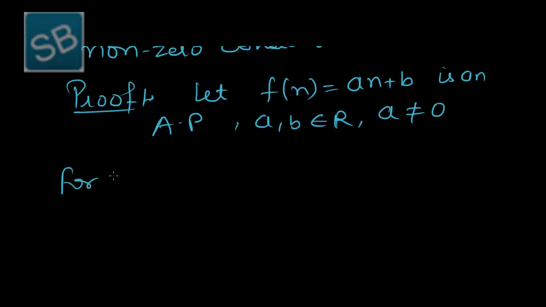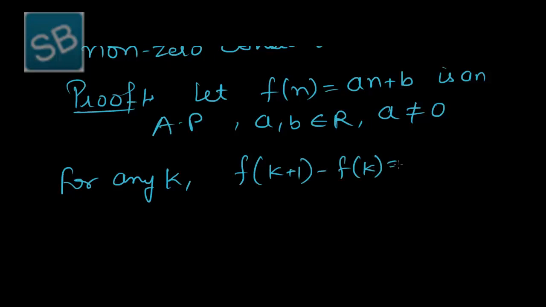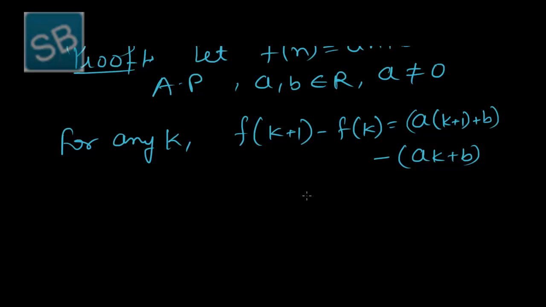Now for any k, we take the difference of two successive terms, f of k plus 1 minus f of k. So we get a of k plus 1 plus b minus ak plus b. On opening the bracket we get ak plus a plus b minus ak minus b.